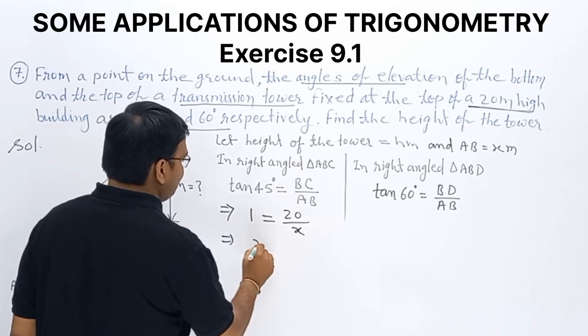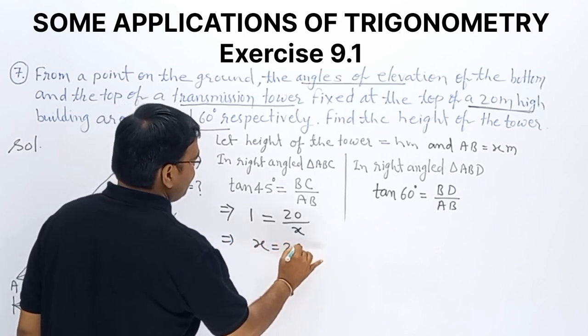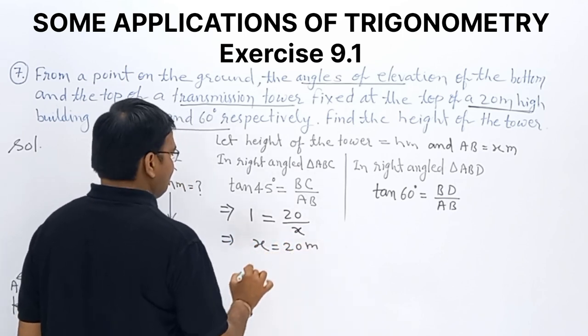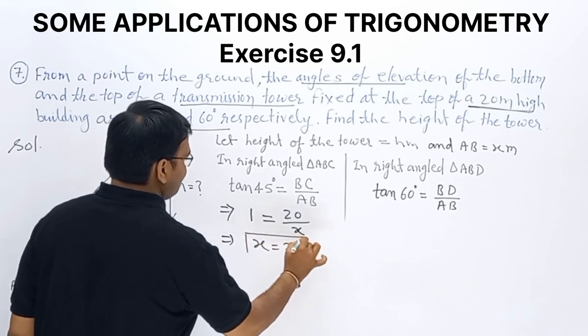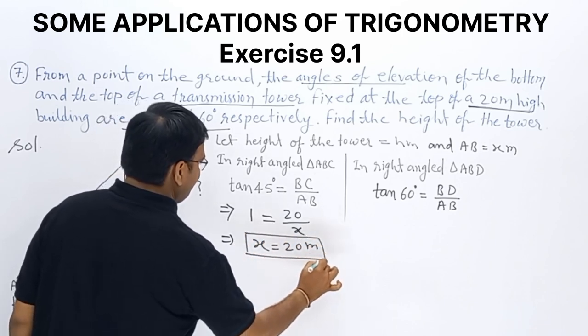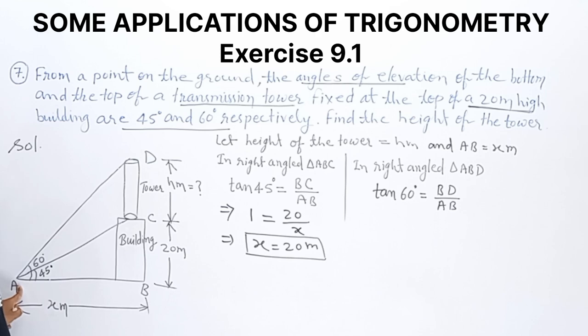Once we solve this, we get x equal to 20 meters. It means the distance from this point to the building is 20 meters. Clear?